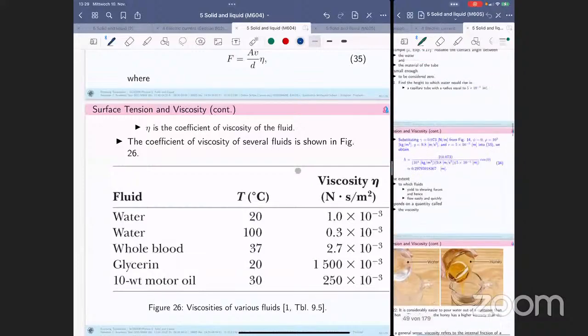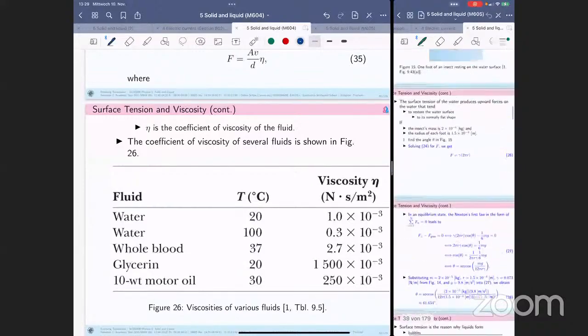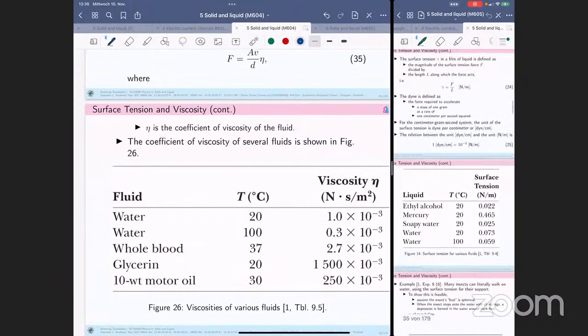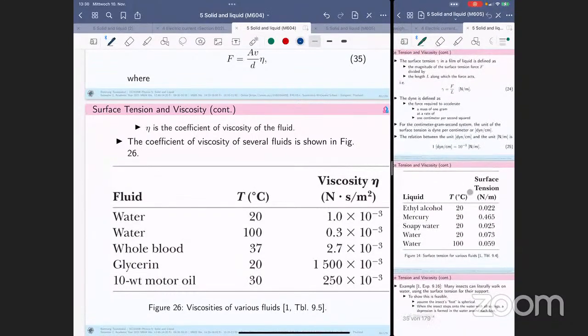Okay, please don't be confused. The fluid has different properties. Before that, we have seen surface tension, right, which is Newton per meter, and it depends also on the temperature. If you have higher temperature, the surface tension is going to be lower too, right? And the same here. If you have water at 20 degrees, you would have 1 times 10 to the negative 3, okay, 1 by 1,000.